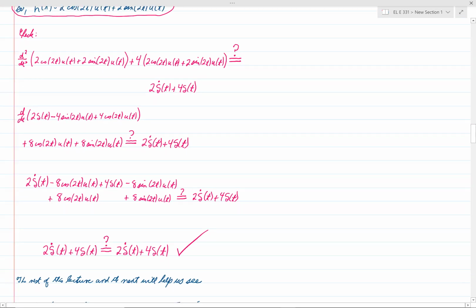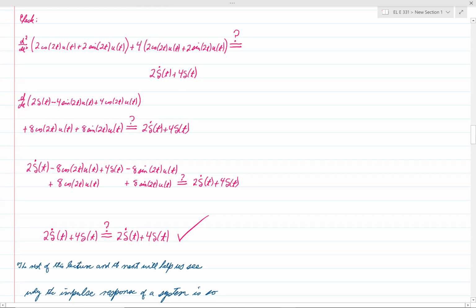I won't take up your time checking all of that, because it really is just turning the crank, but I will leave it up there on the screen so that you can see it or take a picture of it. But you will see that sure enough, it does turn out to be exactly the same thing. So this technique has again yielded us the correct impulse response for a system. This time, I hope that maybe you get a little more insight into why we would expect this technique to work.